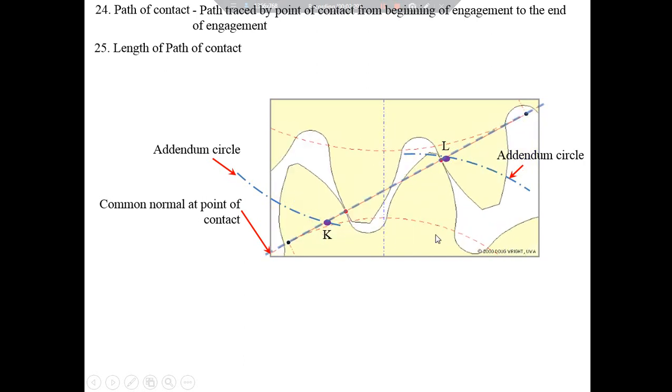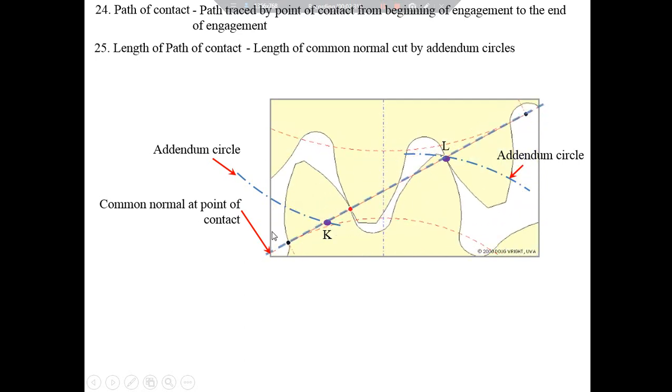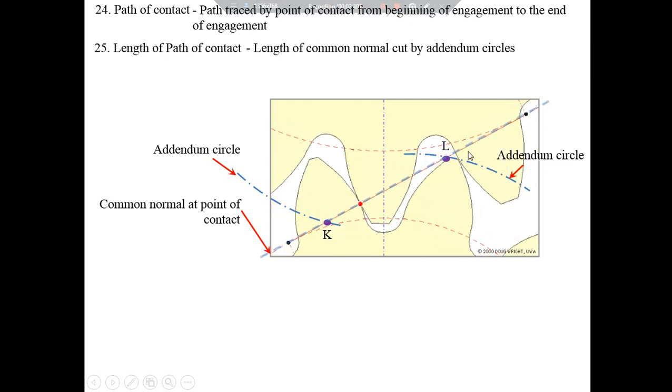So length of path of contact KL is the length of the common normal cut by addendum circles of both meshing gears.